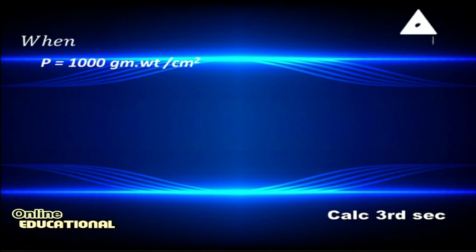Now, when P equals 1000 gram weight per centimeter squared, the volume V equals 250 centimeter cubed, and we know that PV equals 250 multiplied by 1000 equals 250,000.